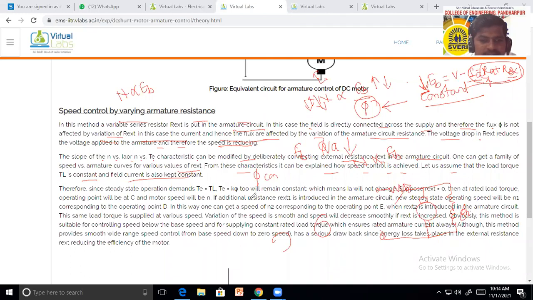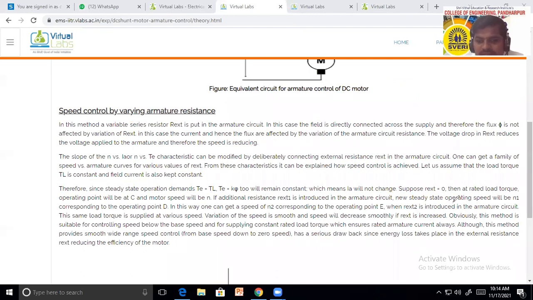That means TA equals K into phi, it will remain constant, which means IA will not change. Suppose R external is 0, IA will not change. If R external is added or introduced, then IA and the drop will change.